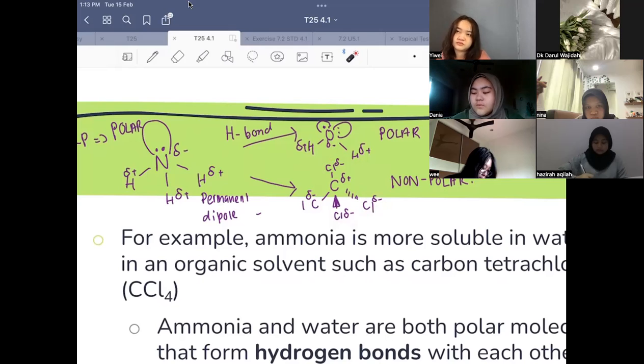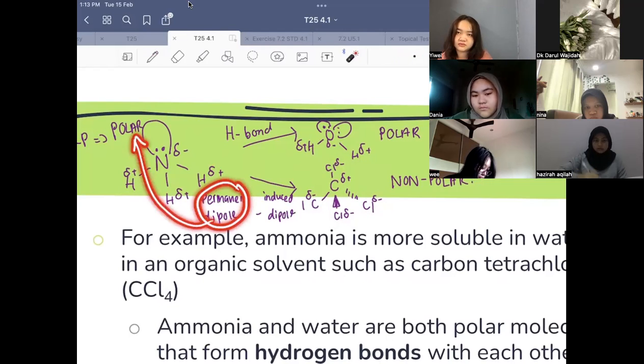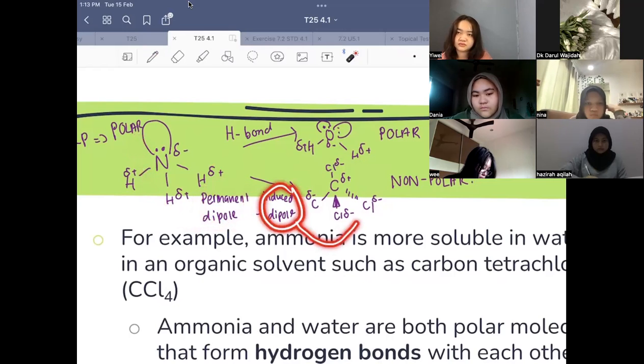Remember? So since we have a combination of polar and nonpolar, we call that interaction permanent dipole, induced dipole. The permanent dipole comes from the ammonia being polar, and the induced dipole comes from the CCl4 being nonpolar.